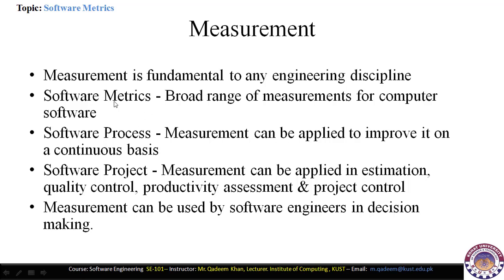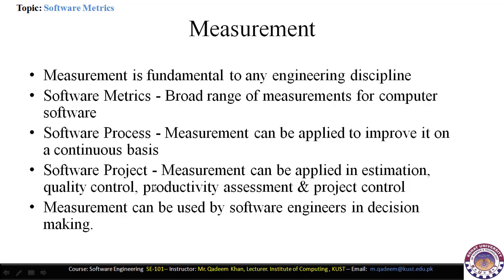Software metrics are those measurements which are relevant to the software or the product, while software process measurement is applied on any phase of the software development lifecycle model, so measures can be applied to improve it on a continuous basis. Every time we perform certain activities in the process, we will use the measurement.